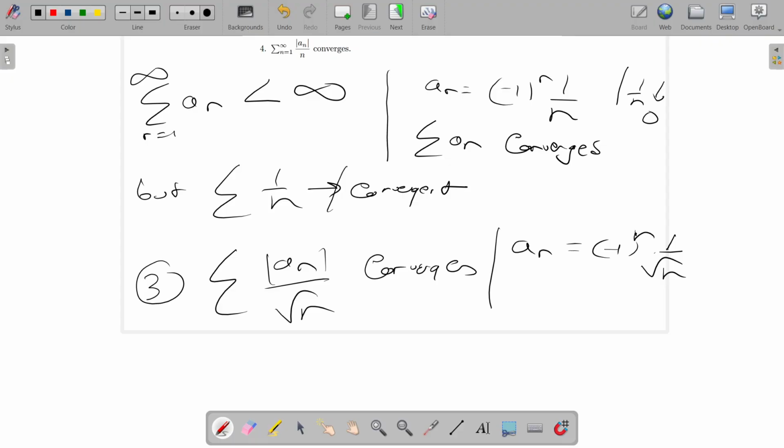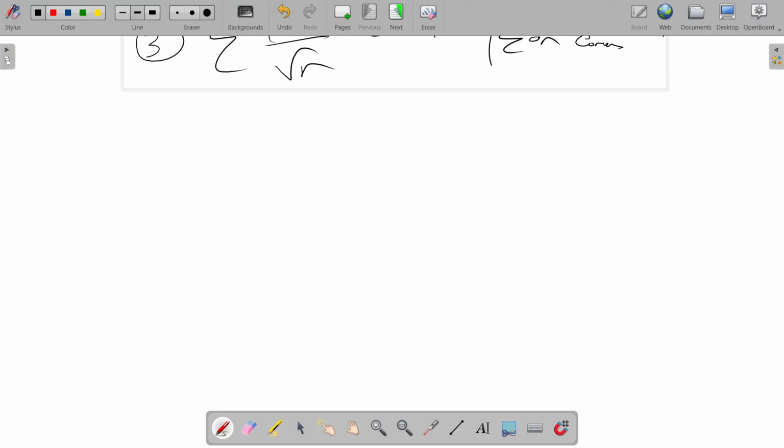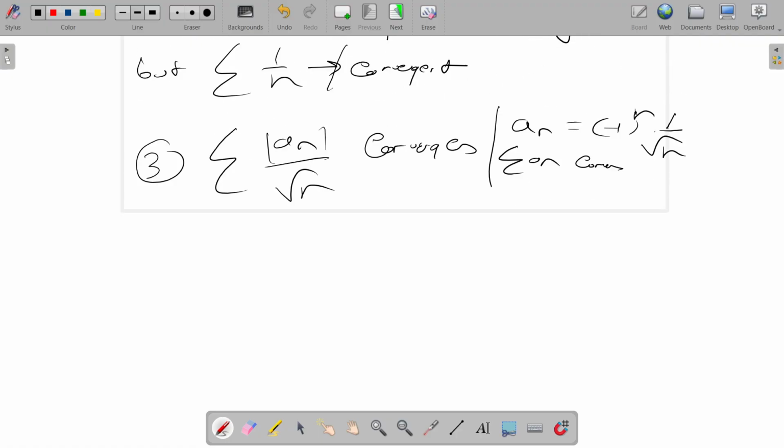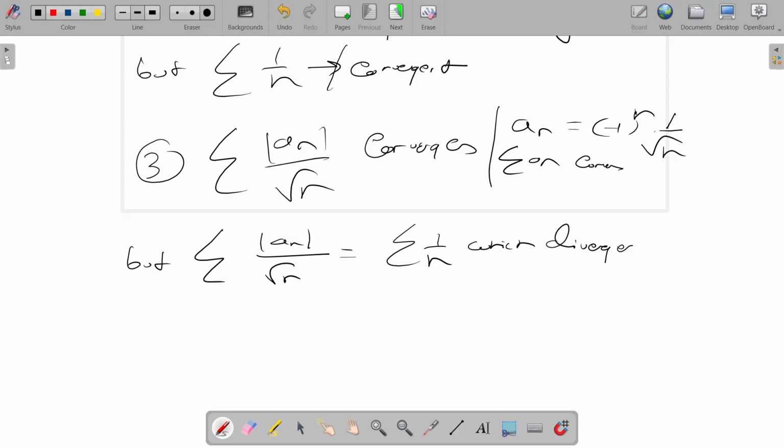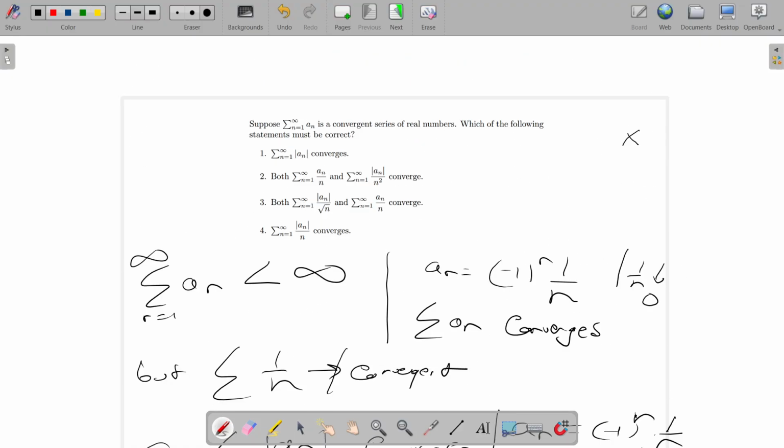Again by the Leibniz test, the summation of a_n converges, but the summation of mod a_n by root n equals the summation of 1 by n, which diverges. So option 3 is also false.